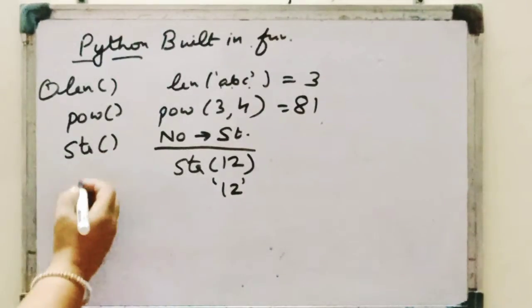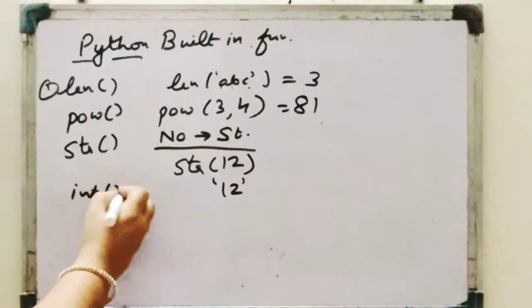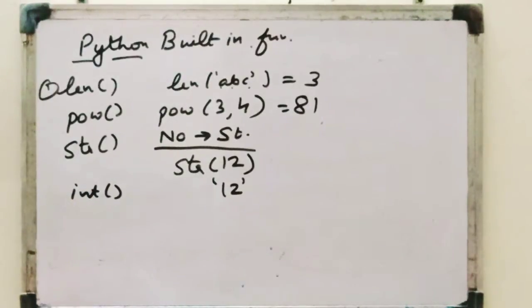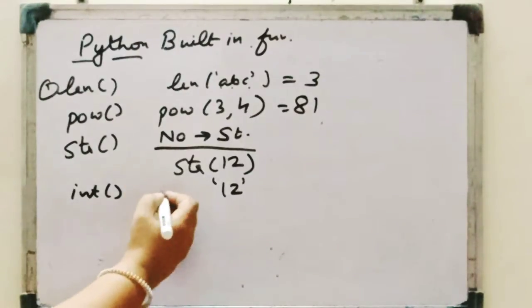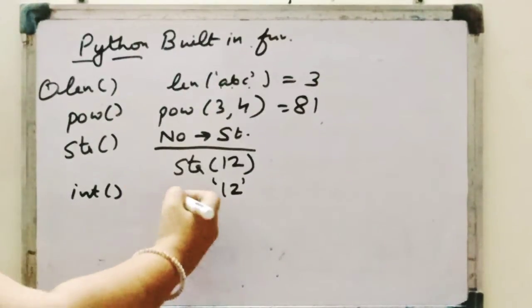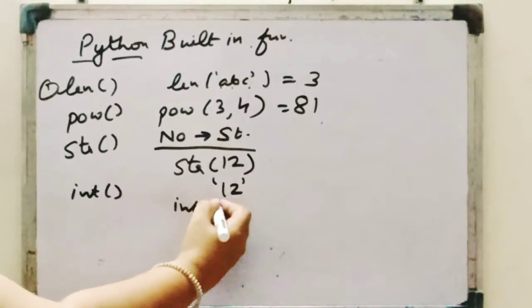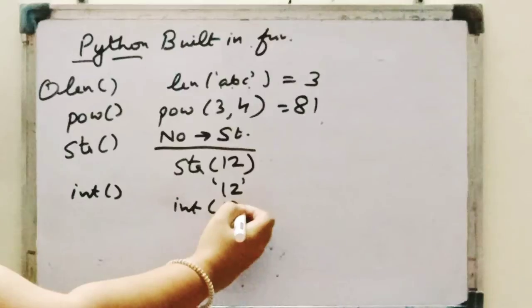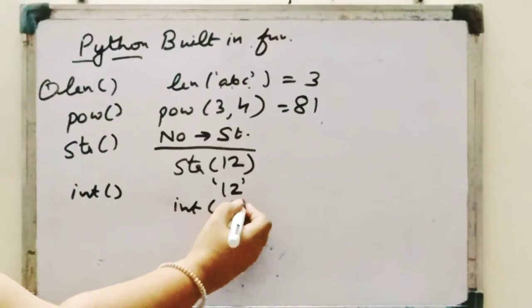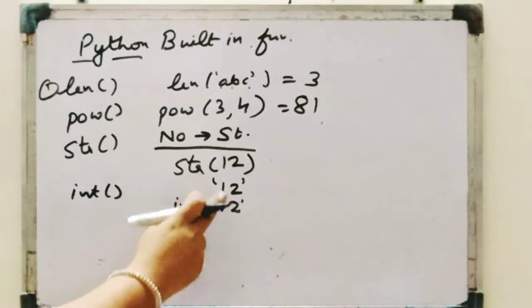Next is int. The int function converts an integer string to an integer. If I write int of '12', now this is the answer.